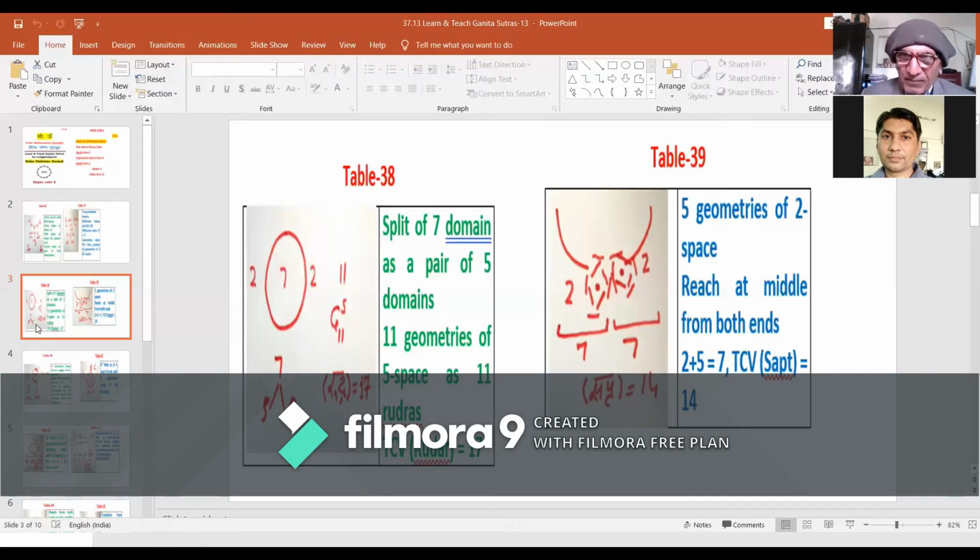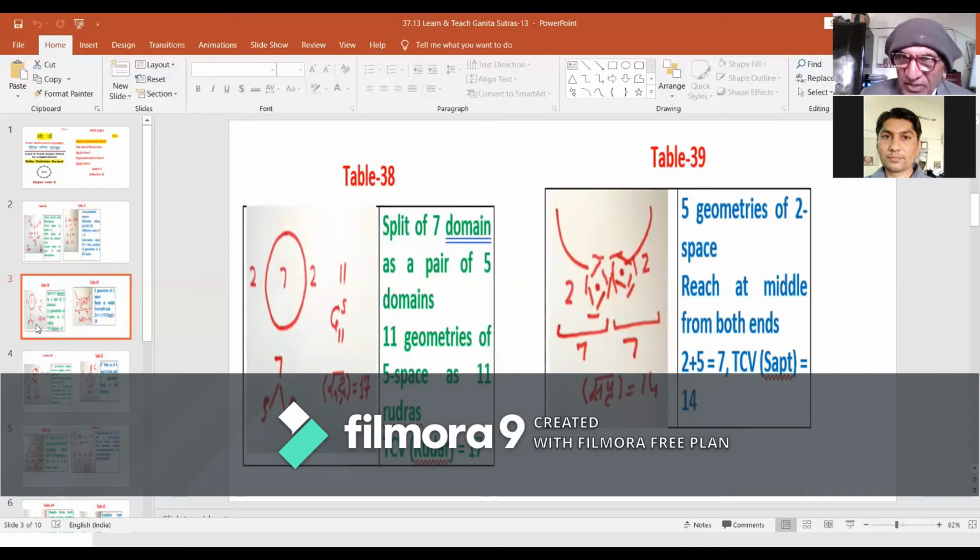One shall have a pause here and permit the transcending mind to absorb this set of features of values triple 272 of summation value 11, while value 7 as 7 space domain is having a split into a pair of 5 space domains, hence leading to value 17 parallel with the TC value of formulation Rudra.